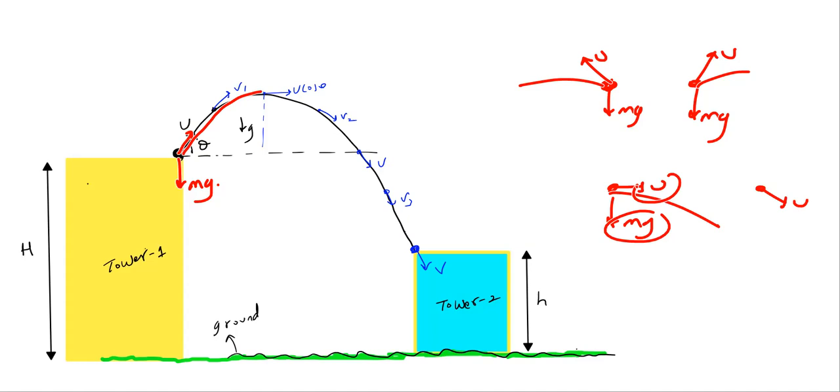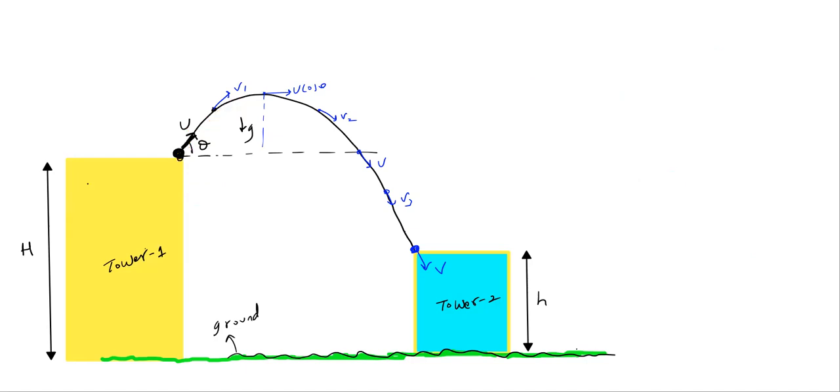Okay, I think this is all the projectile motion we are discussing. Come to this one. This is the position of the ball. Once again, what is the horizontal acceleration? It is 0.